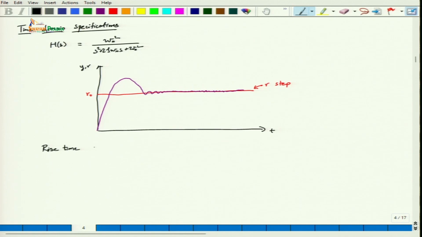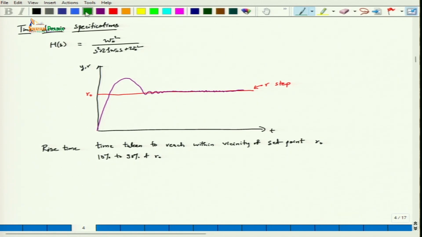So basically it is the time taken to reach within the vicinity of the set point, in this case that is R naught, and is commonly taken as the time taken to go from 10% to 90% of R naught.